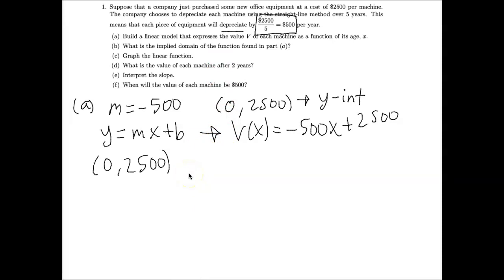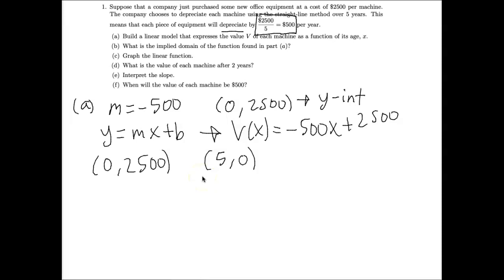Let me ask it this way. For what year is the value of the equipment going to be 0? If you play with this information here, you'll assess that this is going to be the ordered pair 5, 0. So in 5 years, the value of the equipment is 0.